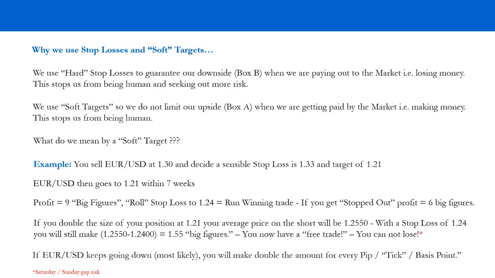So how would this look, for example, specifically applied to the currency market? Well, let's use euro dollar, so EUR/USD, as an example, and let's short some theoretically at 130. So if you sell euro dollar at 130 and decide a sensible stop loss is 133, and a good soft target is 121, and then euro dollar goes to 121 within, say, 7 weeks, which is a good time period for that type of volatility.